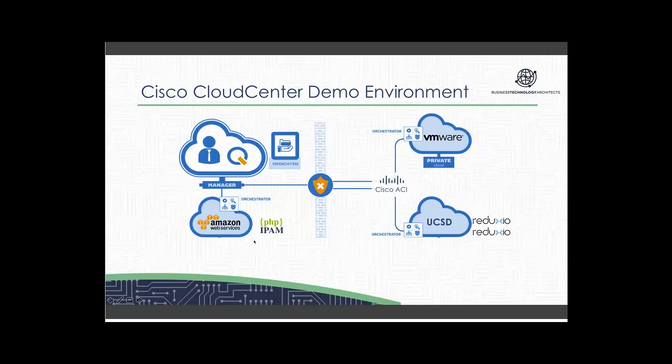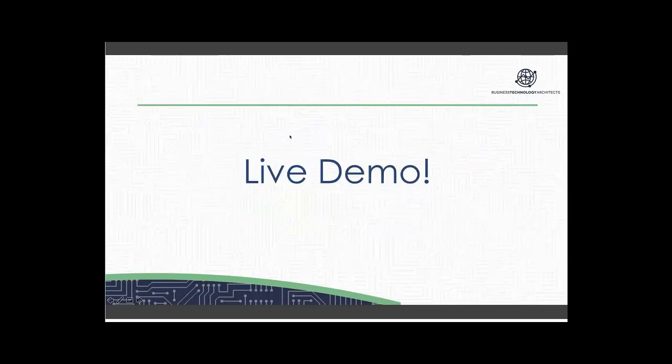We also have PHP IPAM and a custom integration that we wrote in order to handle our IP addressing. We have a VMware that's in-house on-prem that's sitting on top of Cisco ACI, and we also have our UCSD infrastructure automation with Redux storage. So the demo that we'll be doing will be on this environment. So let's go ahead and move to the live demo.